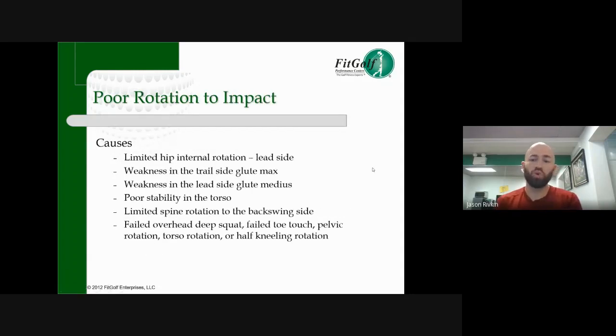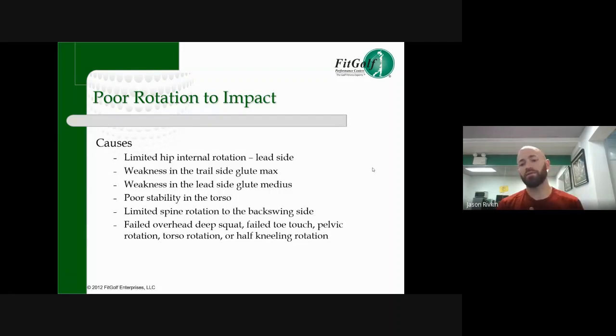All right, here's a big one, poor rotation at impact, right? So what percentage of your students, when you're looking at that down the line shot at impact, have really good pelvic rotation at impact? My guess is probably not many of them, right? And there are a host of physical limitations that lead to poor hip rotation to impact.